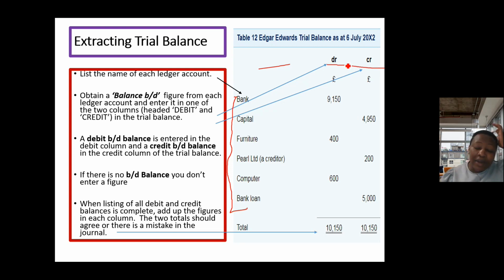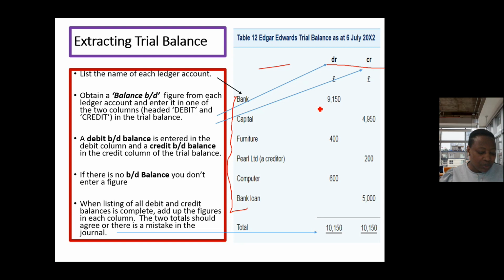So if we have a balance brought down, like we discussed in part 2 of double entry recording, let's assume that you have your balance brought down on the debit side, you bring that in here and that will be on the debit side.